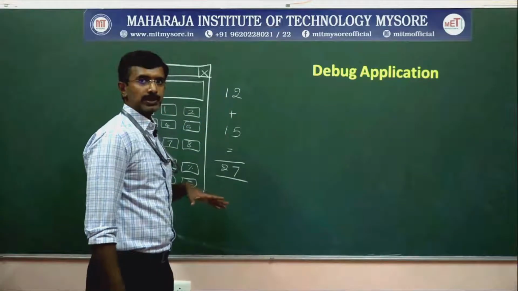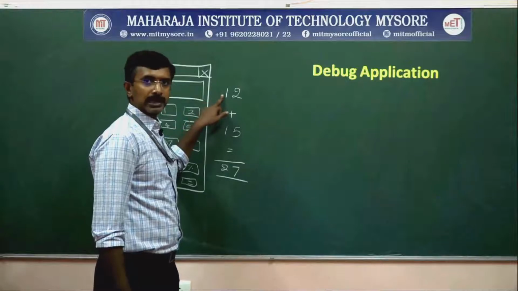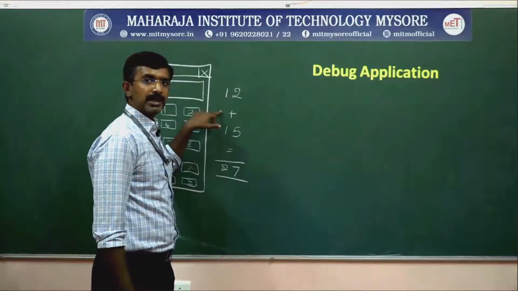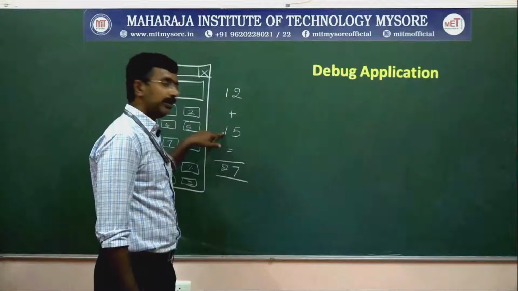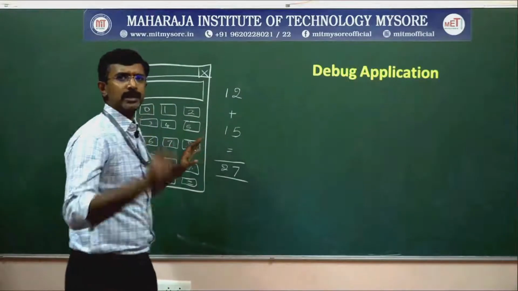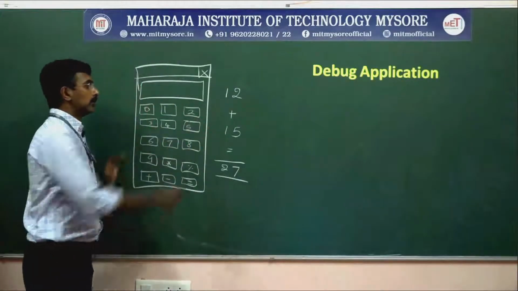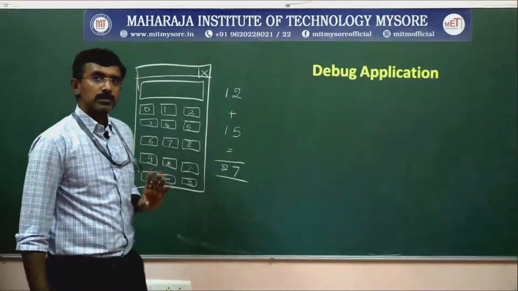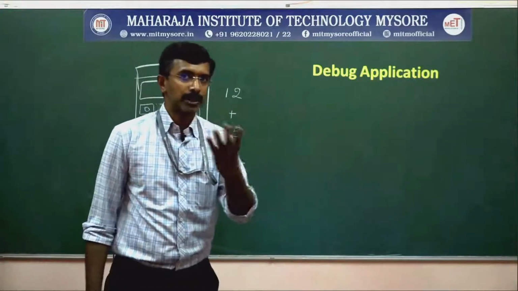How many inputs are you going to give? Operand 1 you will be typing, then you will be clicking the plus button, then 15, and then equal. All these are inputs which you are supposed to give. So 1, 2, 3, 4. So 4 inputs. But is it 4 inputs or more?